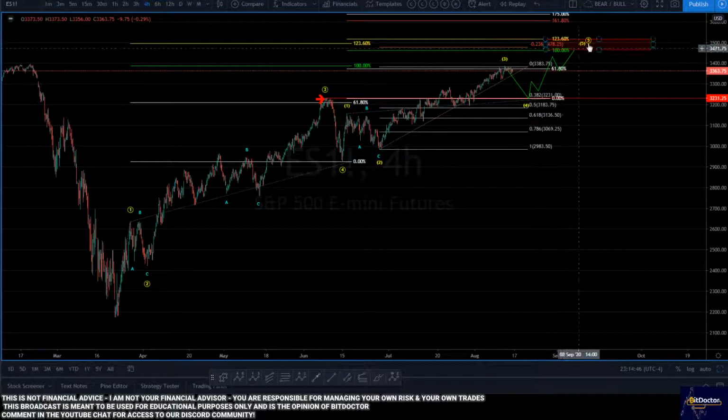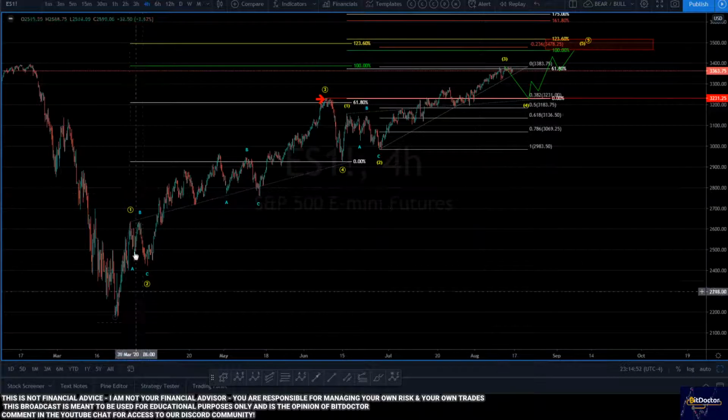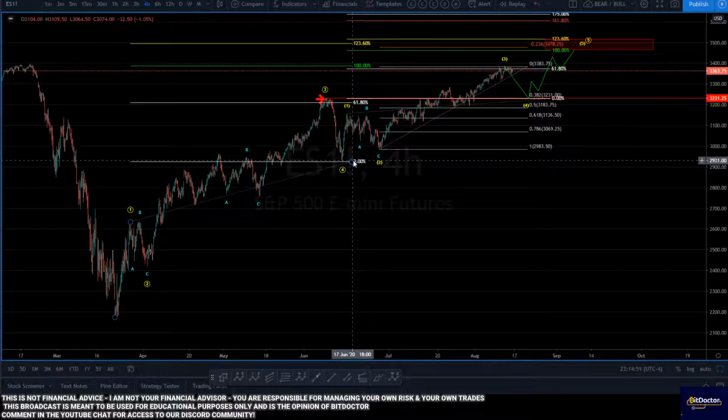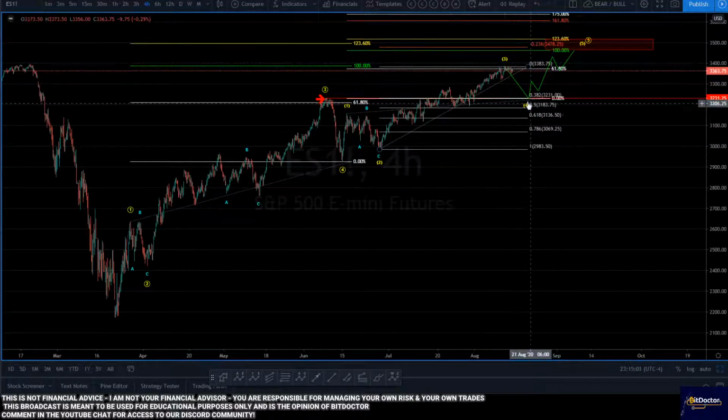All right, now we're taking a look at this, going maybe to the 123.6 twice. So we're taking measurement of wave 1 projected from wave 4. The 123.6 is sitting right up here. We measure wave 3, expect to move back to the 382.